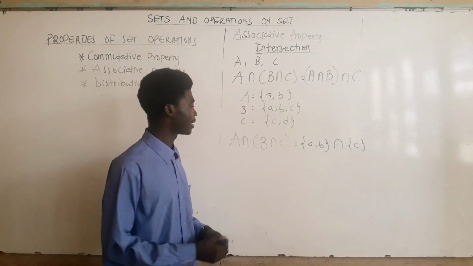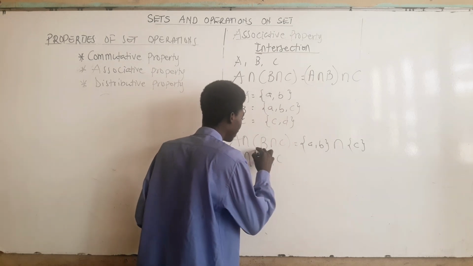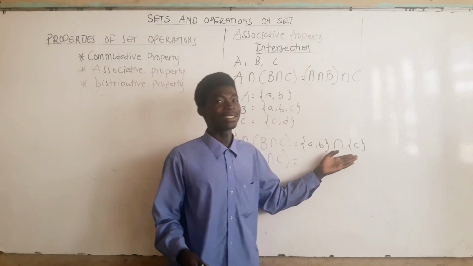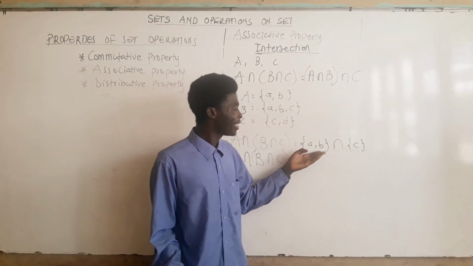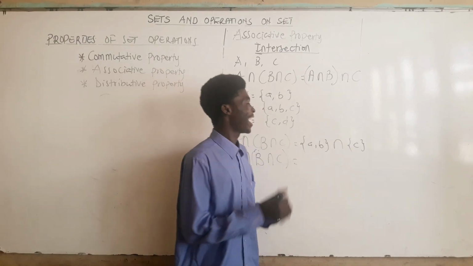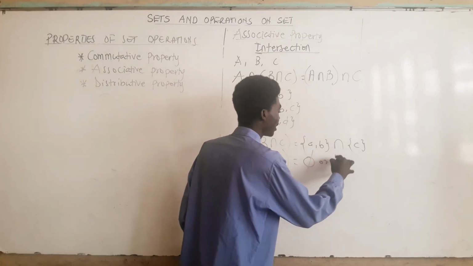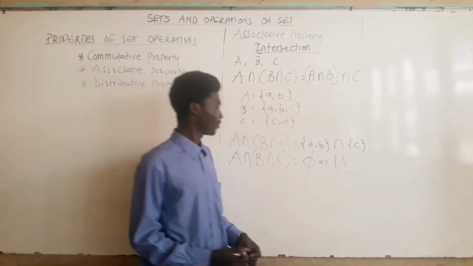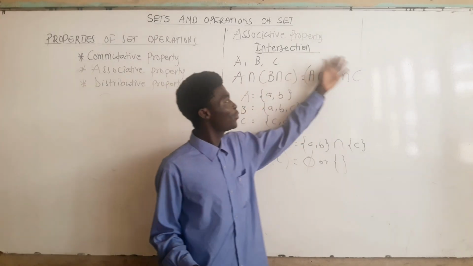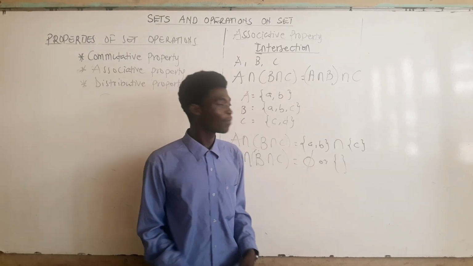So A intersection (B intersection C): we are talking about intersection here, so which element can be found here and at the same time here? There is no element, and that is going to give us an empty set, or in this case, you can represent it as this. So let's prove the other side and see whether we will also get an empty set.